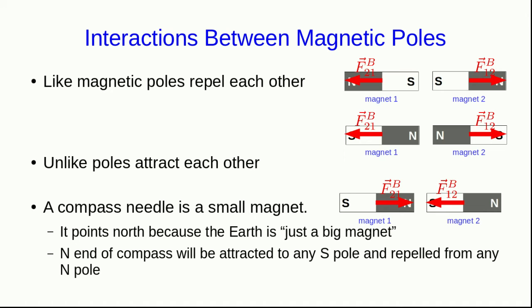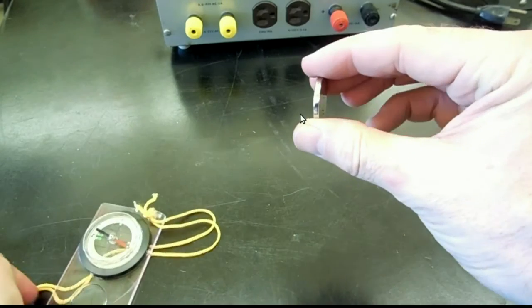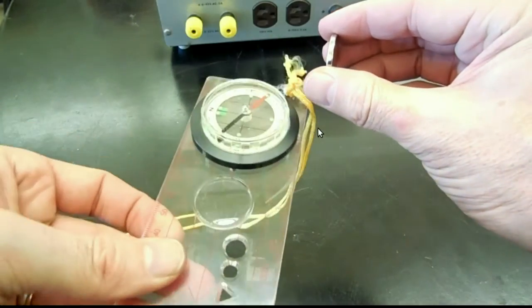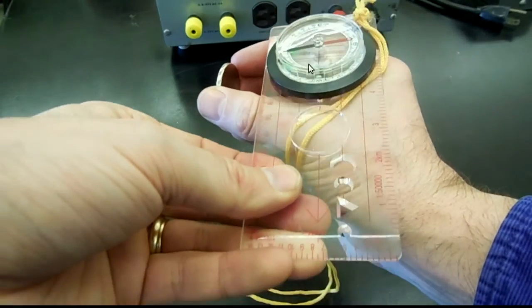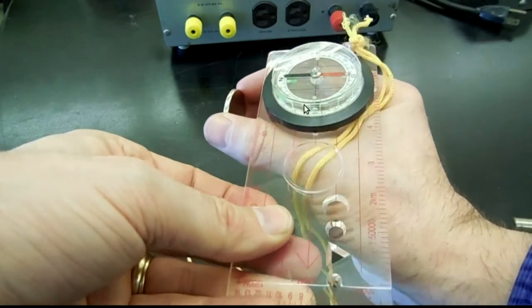The north end of a compass will be attracted to any south-seeking pole and repelled from any north-seeking pole. This makes a compass very good for diagnosing which pole is which on a magnet that isn't labeled. So for example, this rare earth magnet is unlabeled. The red end of the compass needle is the north-seeking end, the black end is the south-seeking.